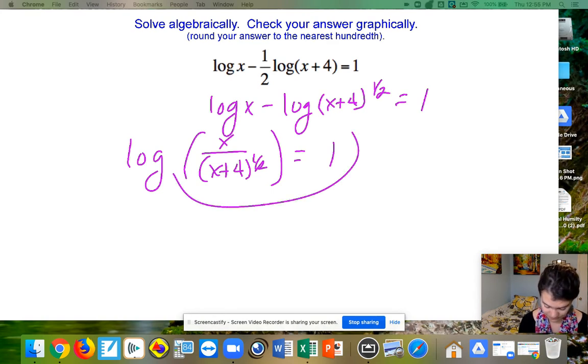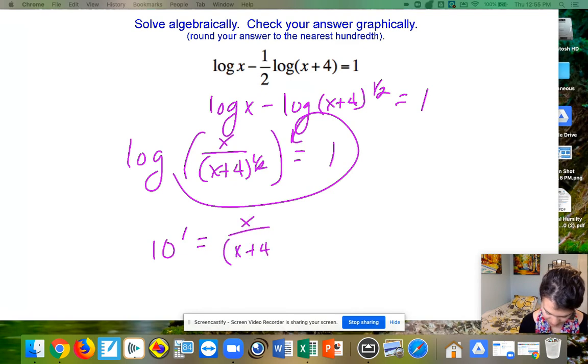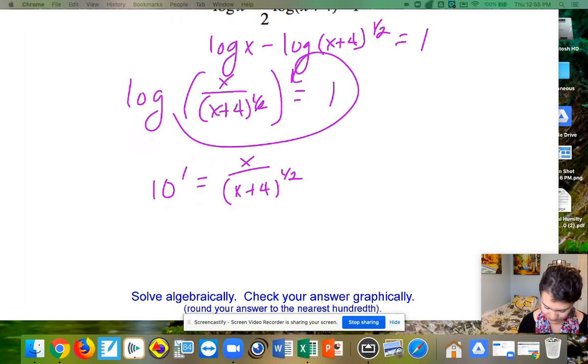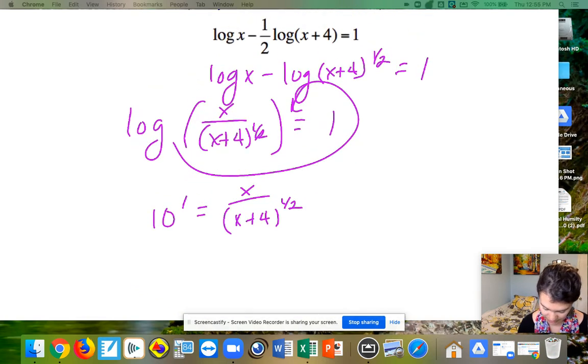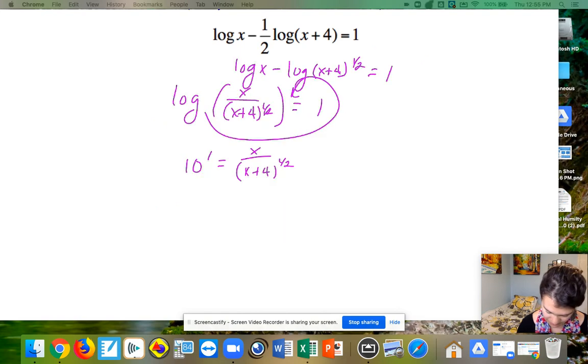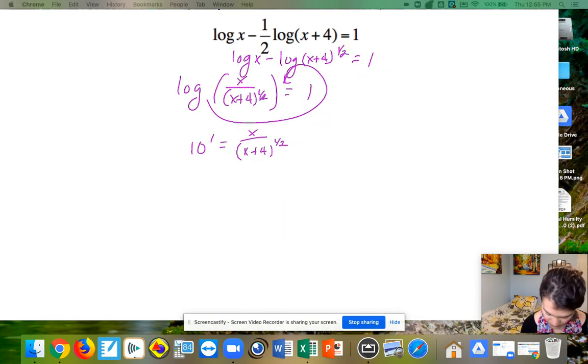You can rewrite it. There's no base, so it's going to be 10 to the 1 equals x over (x plus 4) to the 1/2. Now you're just going to keep solving like you normally do. We'll make this a little smaller so there's more space. So I'm going to multiply both sides and do 10 times (x plus 4) to the 1/2 equals x.